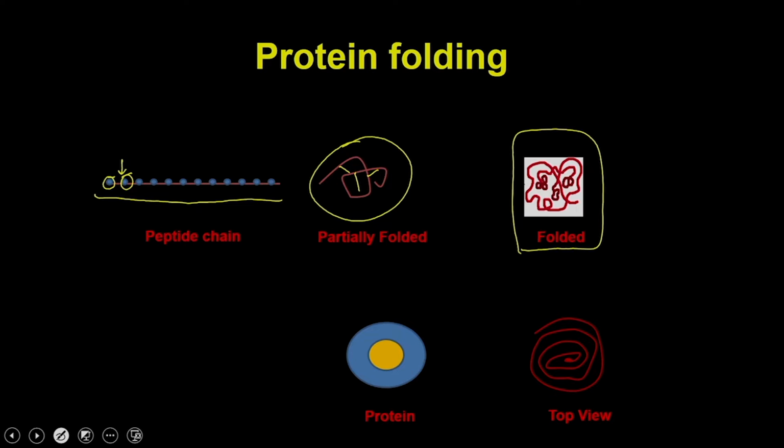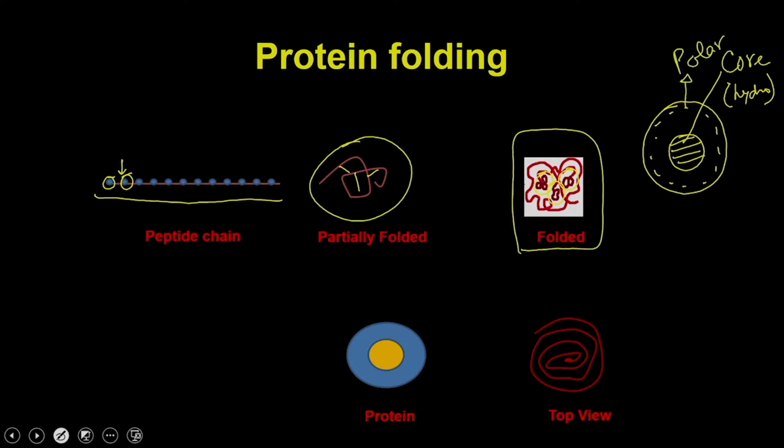In the three dimensional conformation, the hydrophobic residues or side chains are localized within the center of the protein, which is called the hydrophobic core, whereas the periphery has the polar amino acids.